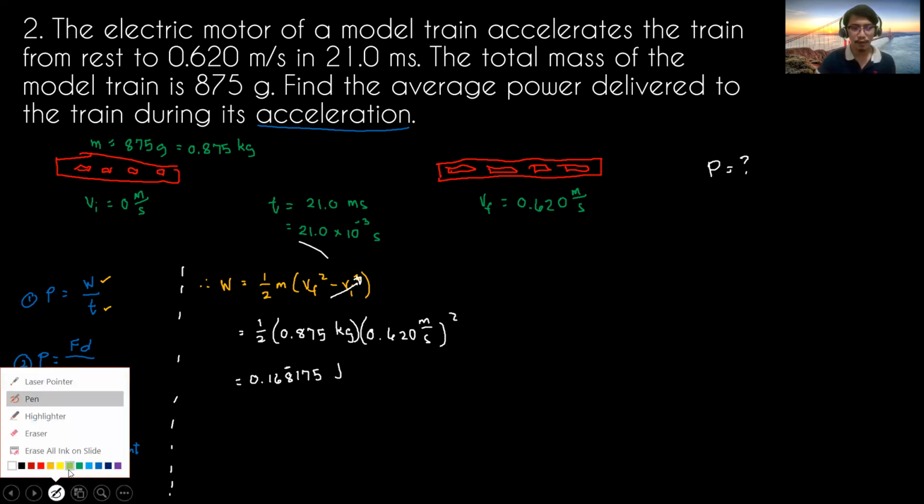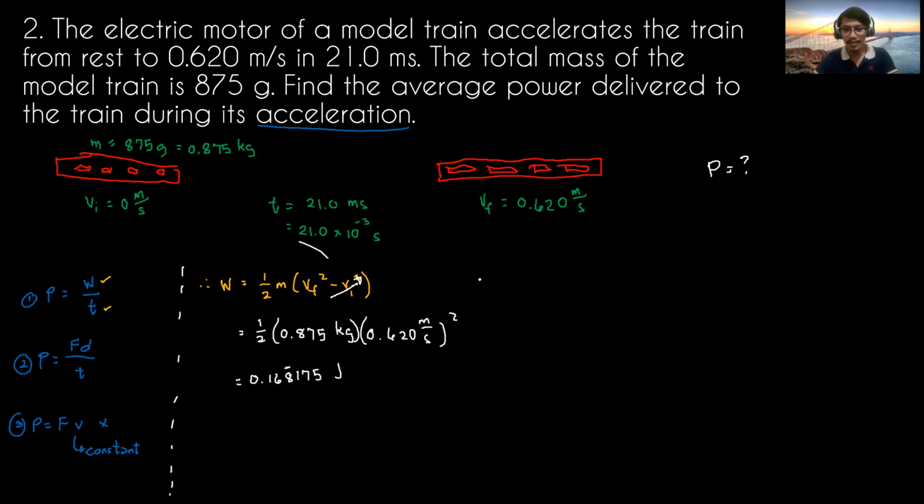Okay, since we already have work, we can already solve for power. So power is equal to the work over time. The work is already solved: 0.168175 joules, with 3 significant figures only, divided by the time, which is given, 21.0 times 10 to the power of negative 3 seconds.